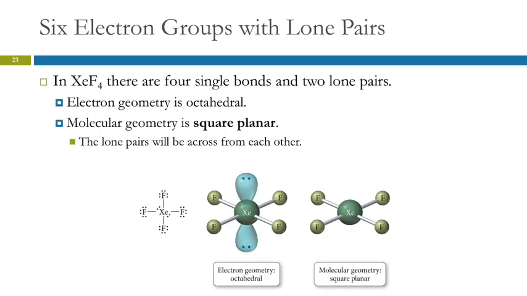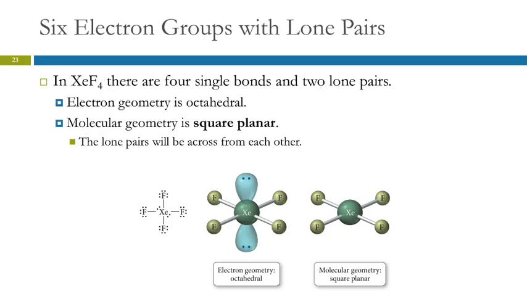Xenon tetrafluoride. Here we've got 4 atoms and 2 lone pairs, 4 bonds and 2 lone pairs, 6 groups, making an octahedron. We put 1 lone pair here. Now it does matter where we put the second lone pair.